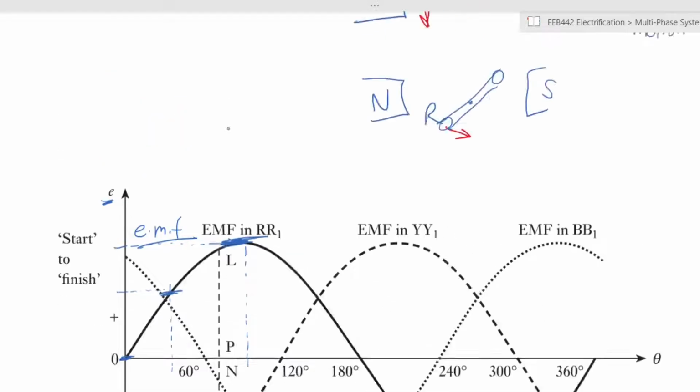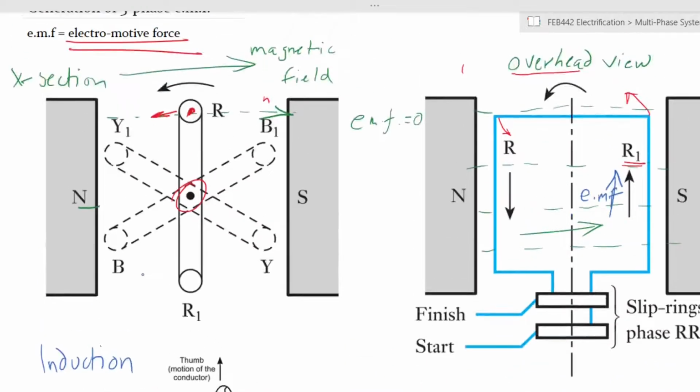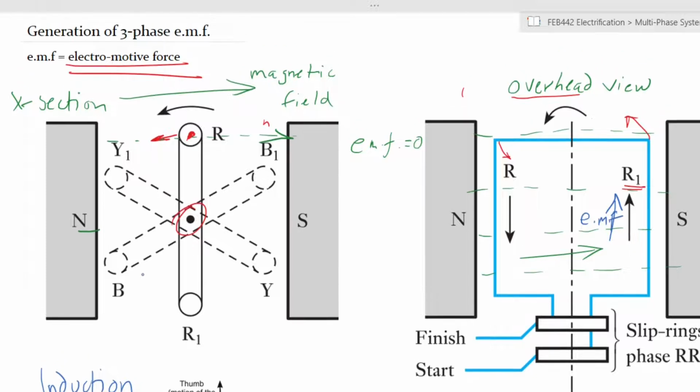That process, we have said, is called induction, and it is through induction that we have electromagnetic force being created within an electrical machine. This is the basic principle by which all generators operate.